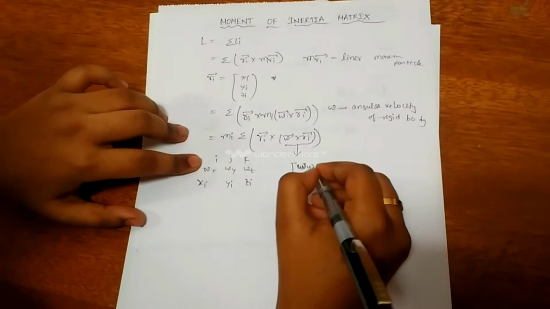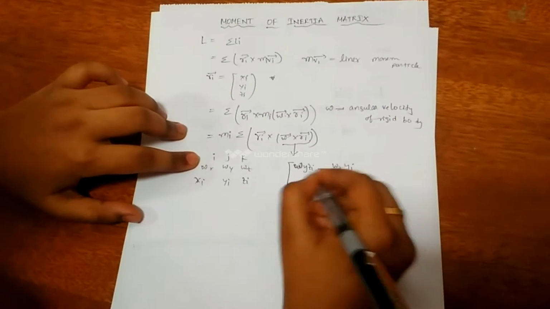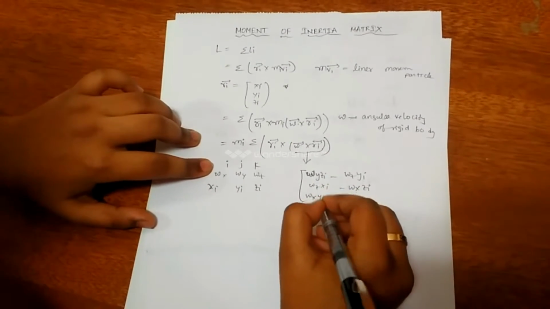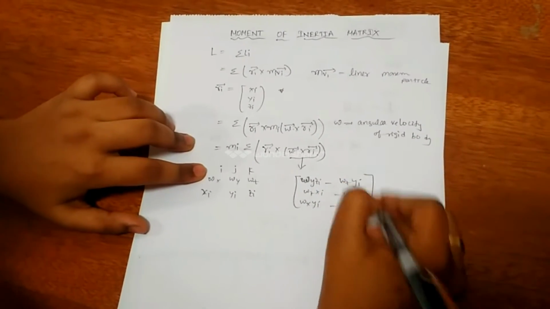We'll get omega y zi minus omega z yi, omega z xi minus omega x zi, omega x yi minus omega y xi.